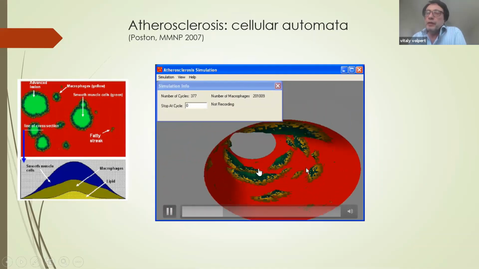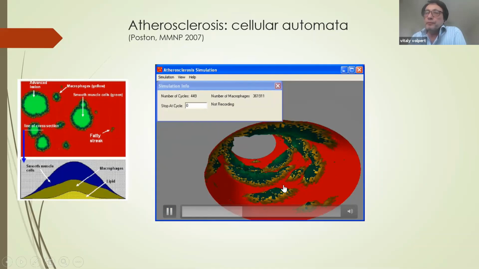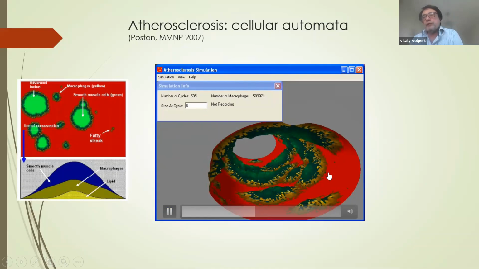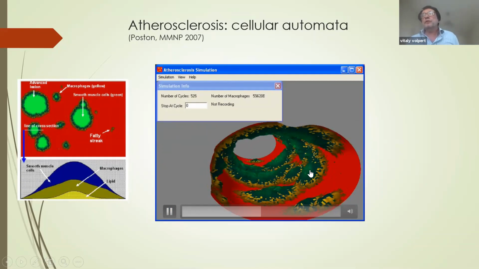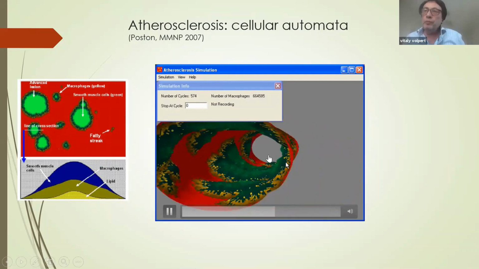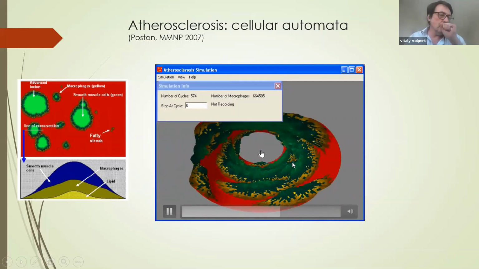And you see these green spots appearing here. These are atherosclerotic plaques, which develop in time, more and more of them, and they change the vessel form, and this lumen becomes narrower.